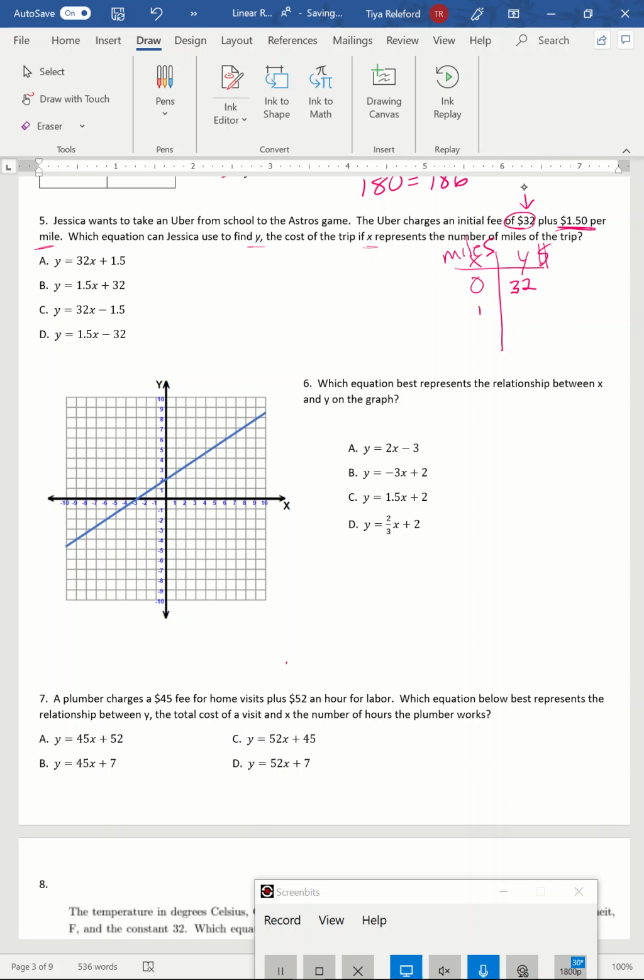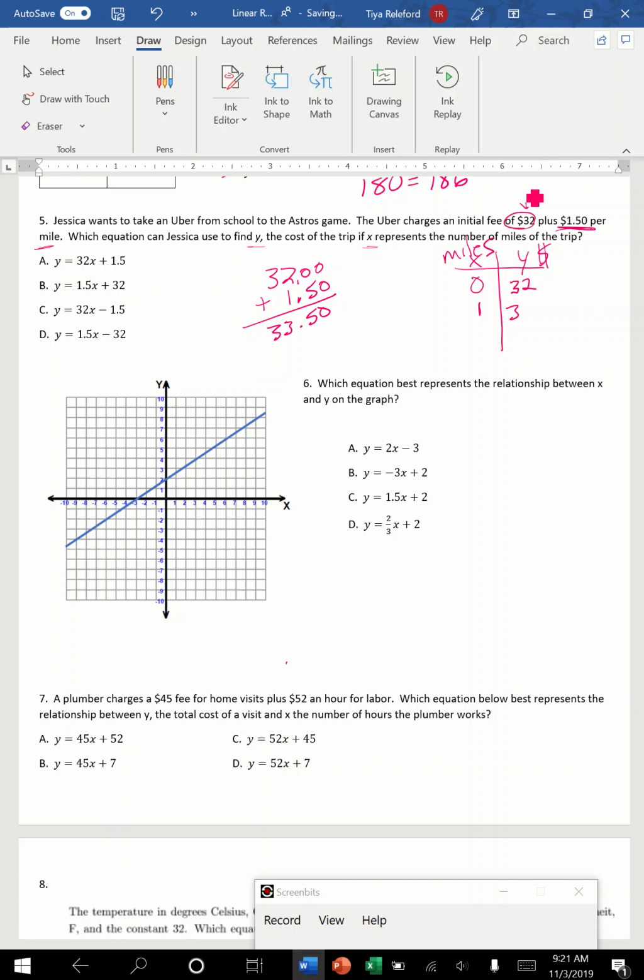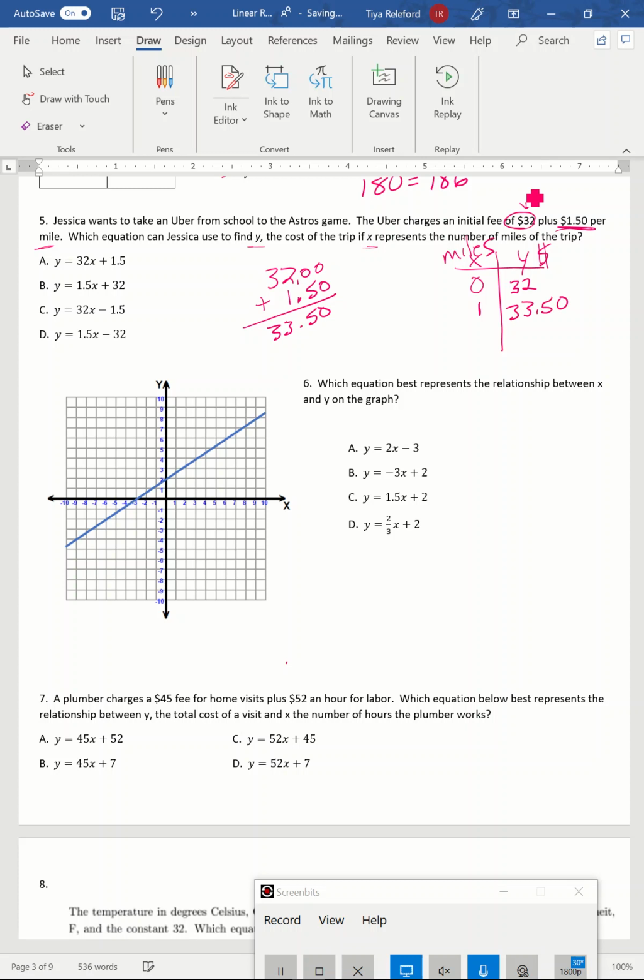What happens if she goes 1 mile? Well, it would be the $32 plus the $1.50. What happens if she goes 2 miles?